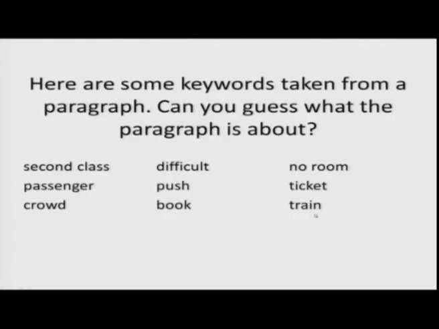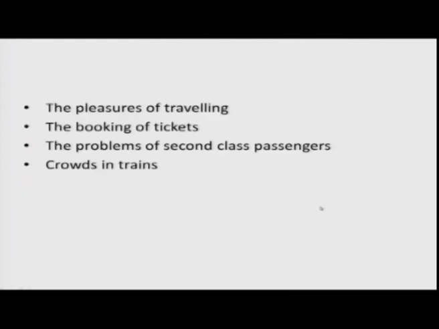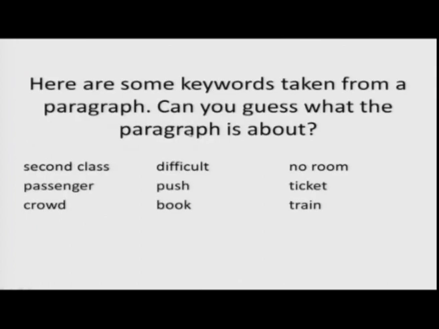Travelling? Yes, there is a mentioning of train and passenger. So, travelling is there, but the list of keywords does not include the word pleasures. Now, the second one, the booking of tickets. Let us go back.